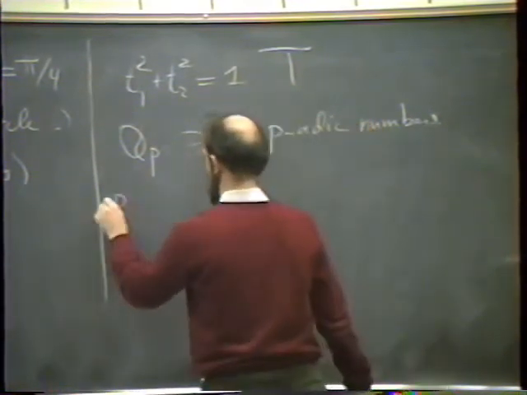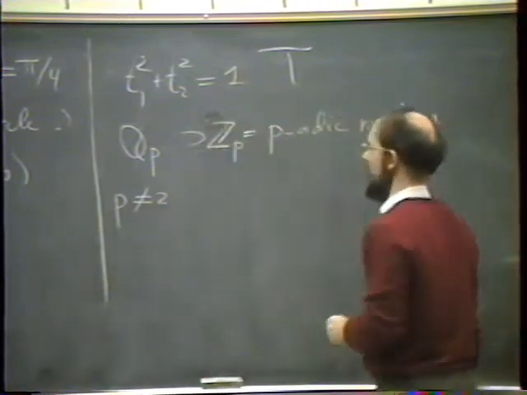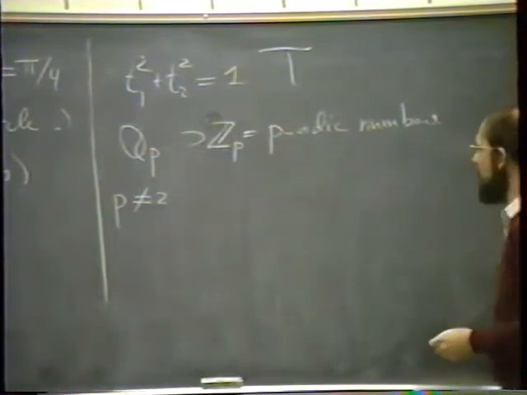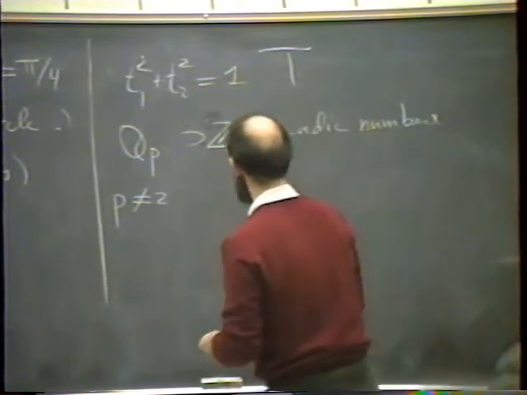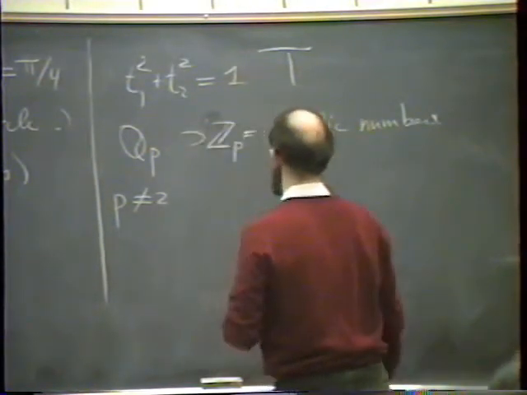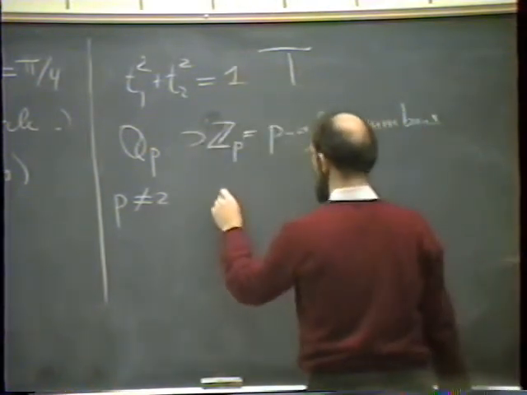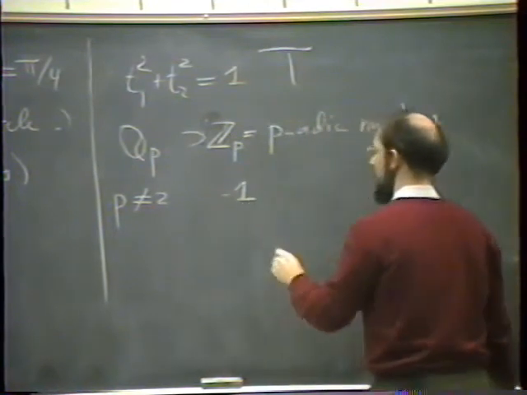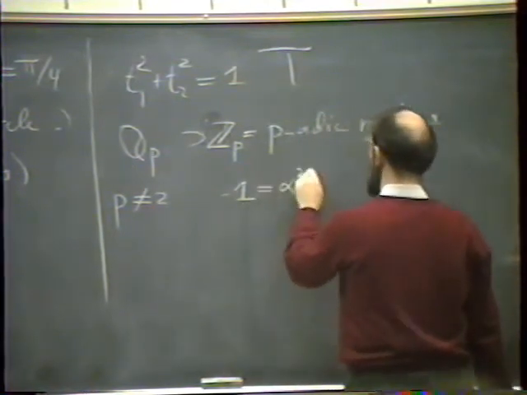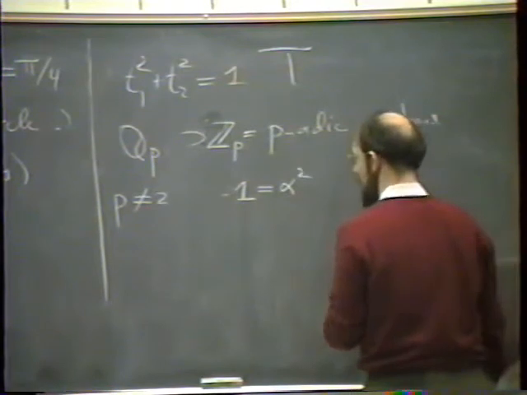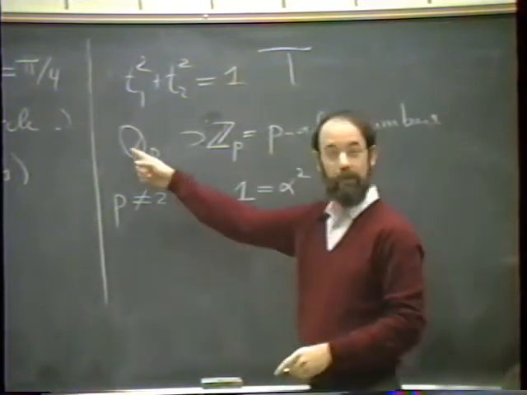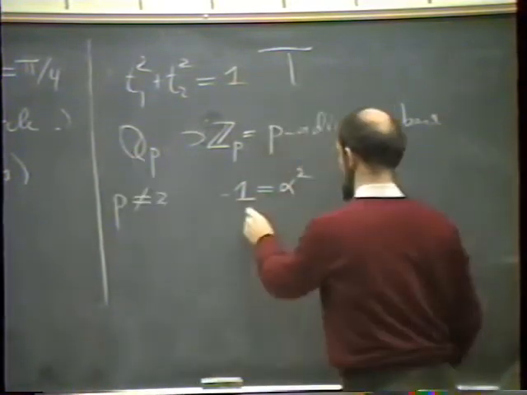Let's leave out the case p equals 2, because I don't have much time, and that's obviously a confusing case. But if p is not equal to 2, then there are two cases depending upon whether -1 is a square or not in this field. Okay, so there are two.